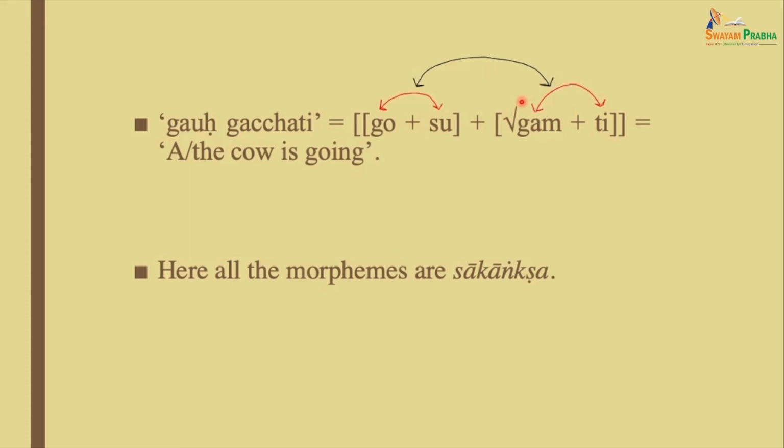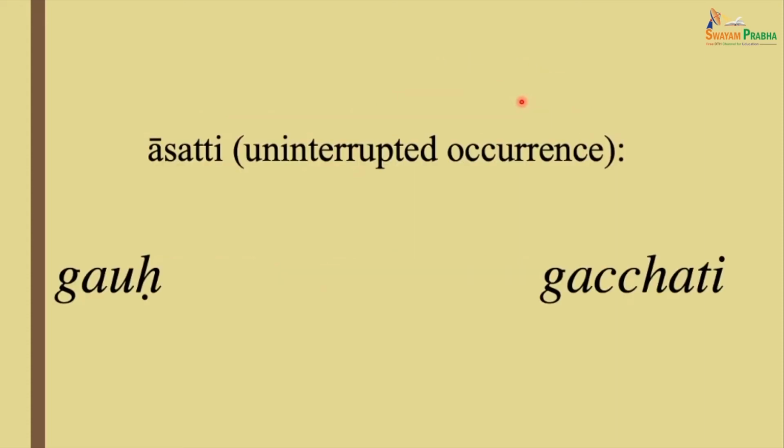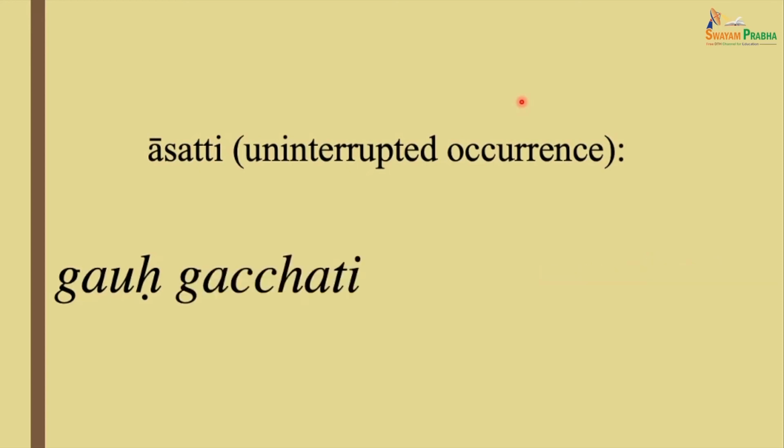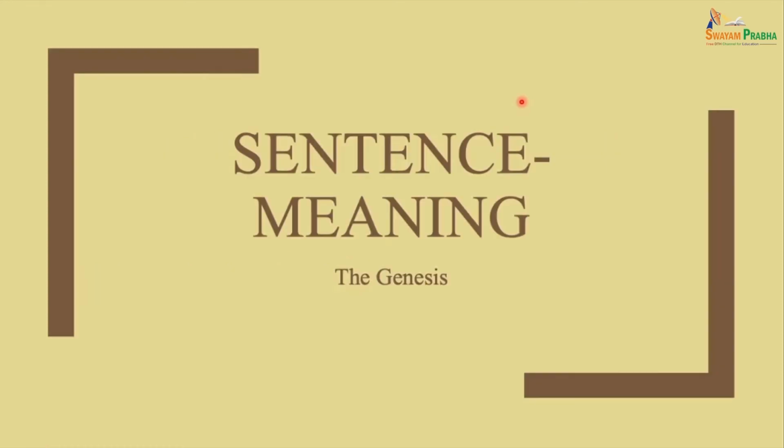This is how it goes. And another aspect is asatti, that is uninterrupted occurrence. Somebody says gauhu now, and after 5 days gachati. No meaning would come. You have to say gauhu gachati if you want to communicate. That is asatti, another very important criterion for an expression to be a phrase.